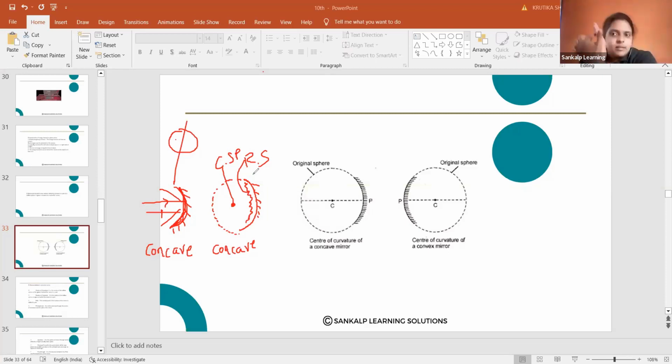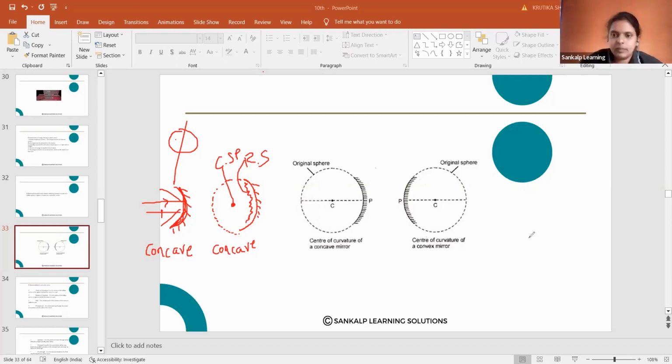So this is curved outward. Now here this is my center of the sphere. Now this is my reflecting surface. If the reflecting surface is away from the center of your sphere, if you are not understanding this, I'll draw here.